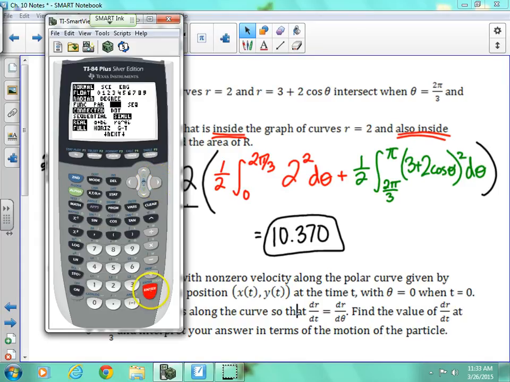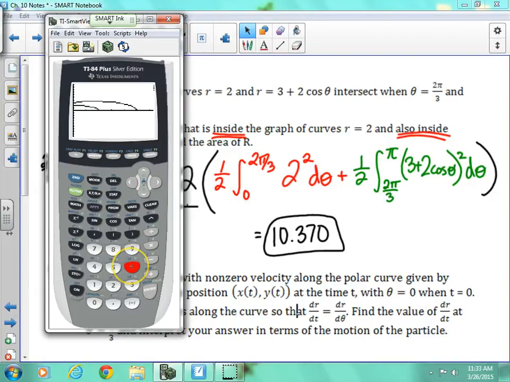Okay. Alright, if I was to plug in here, there we go. Then I could say, actually clear it, 2, and then I could say 3 plus 2 cosine theta. And when I graph, I'm in simul mode, so I'll see intersection 1. So I'll see this one starts at 0, I don't want that one, starts at 0. I could see it moving.